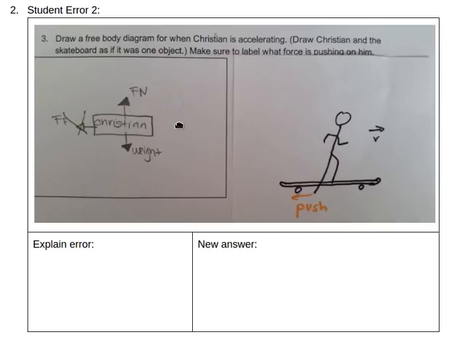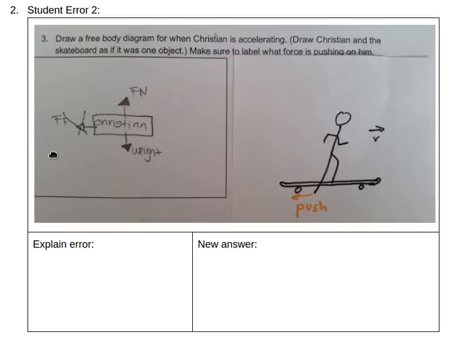Now, I know a lot of students are confused as to, wait a minute, Christian is going to the right, and if he's going to the right, isn't friction going to go against Christian? Yes, friction always goes against the movement of the object.